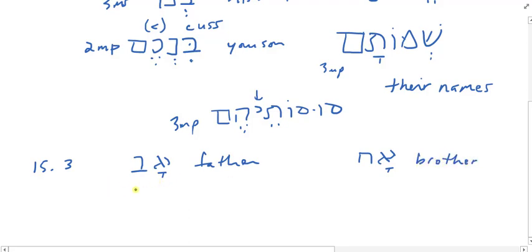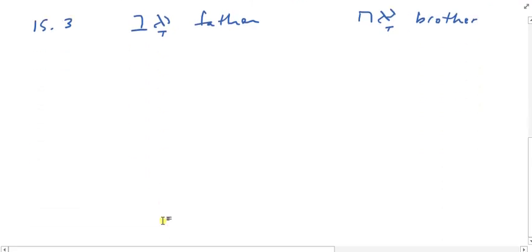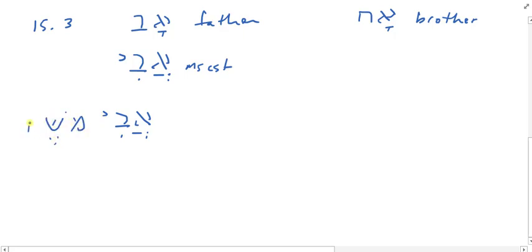Well, when we were learning the construct chains in chapter 12, we learned that the masculine singular construct of av was a little bit unusual. It was avi, okay? That's the masculine singular construct form. We get this extra yod from out of nowhere. So if I want to say something like the father of Moses, it's avi Moshe, right? Not av of Moshe, but avi Moshe, the father of Moses.